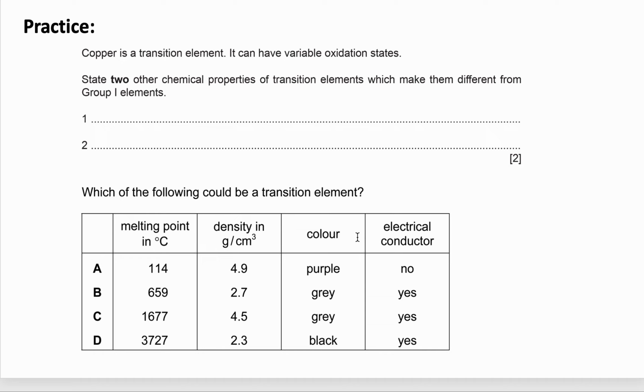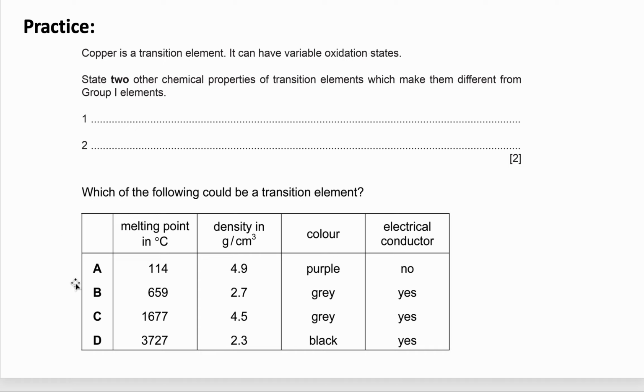And also, in terms of other chemical properties, they form compounds with colors. Also, as mentioned right here, because they have variable oxidation states, the same element can form compounds with different colors, because each oxidation state or charge will give a different color.